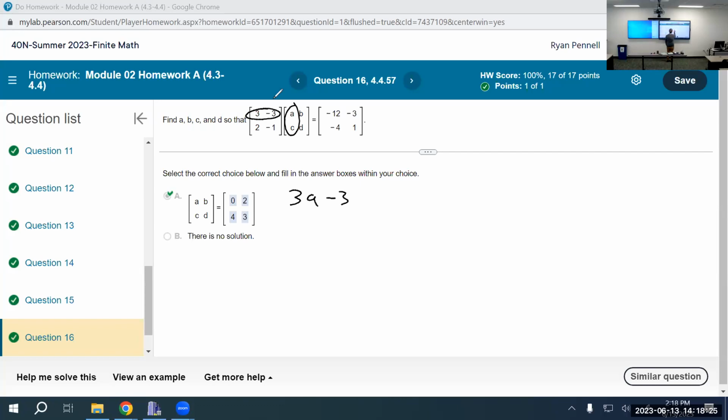3a minus 3c equals negative 12. 3b minus 3d equals negative 3.